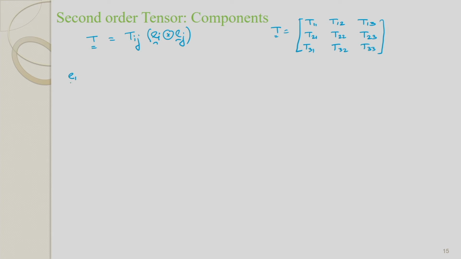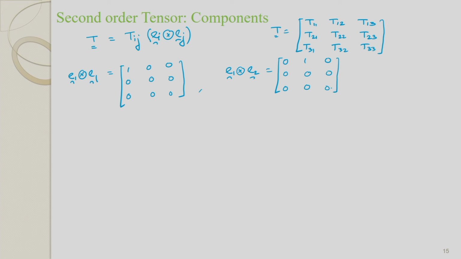Now if you see the definition of dyadic product, then E1 dyadic E1 gives us this second order tensor. Similarly, E1 dyadic E2 will give us this second order tensor.